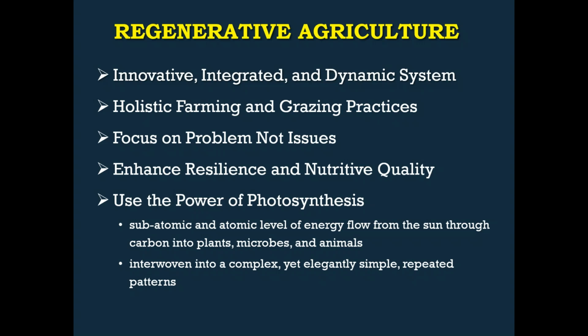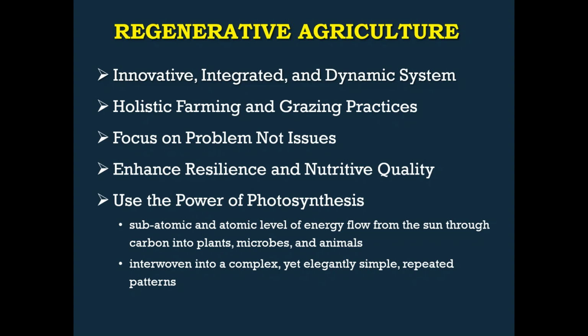So it's not locking you into a specific rotation or a specific protocol, but an evolving protocol where you're looking at the whole system, the whole farm, in a holistic manner, and not really focusing on the issues that you might have.